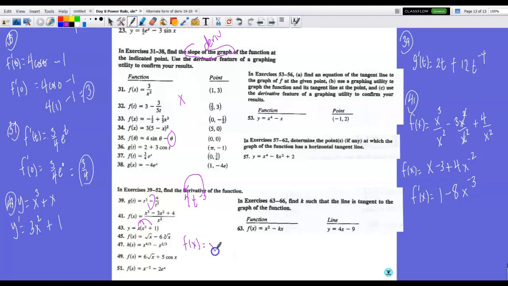In number 45, I'm going to do a rewrite, so I'll have f of x equal to x to the 1/2 power, here come our fractions, minus 6x to the 1/3 power. So when I find the derivative, be careful with these fractions. You want to multiply the 1/2 times the 1, so you get 1/2 x, decrease the power by 1, so 1/2 minus 2/2 is negative 1/2.